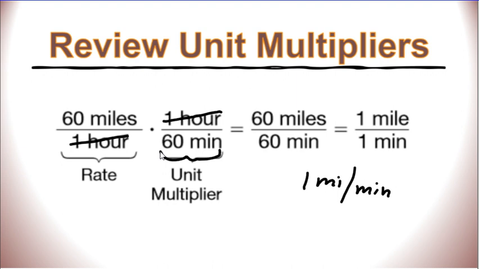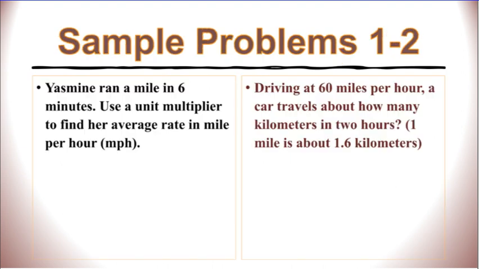So today we're going to be converting units of measurement using unit multipliers. Let's take a look at an example here. Yasmin ran a mile in 6 minutes. Use a unit multiplier to find her average rate in miles per hour.